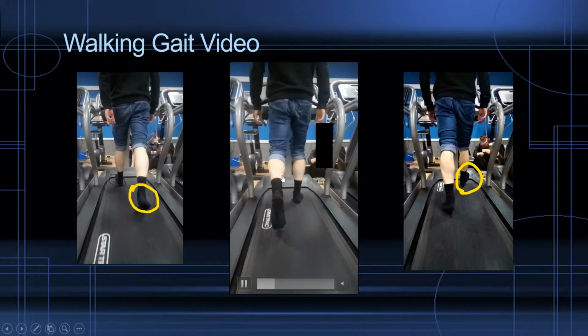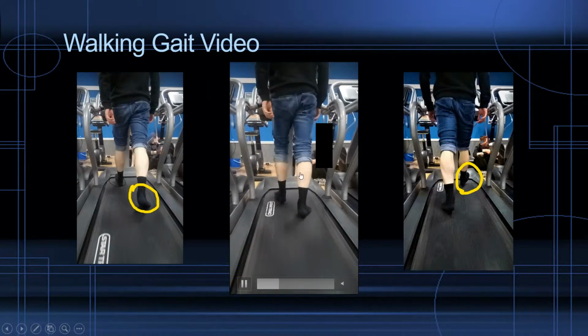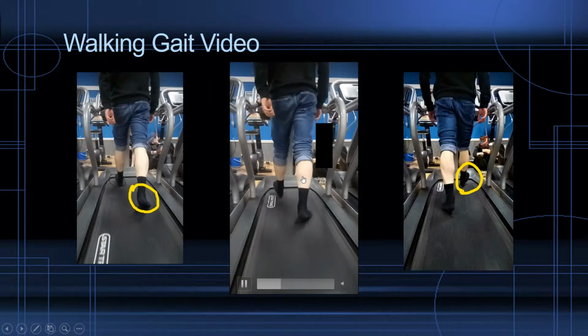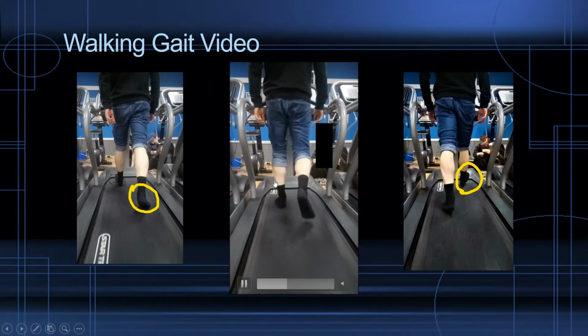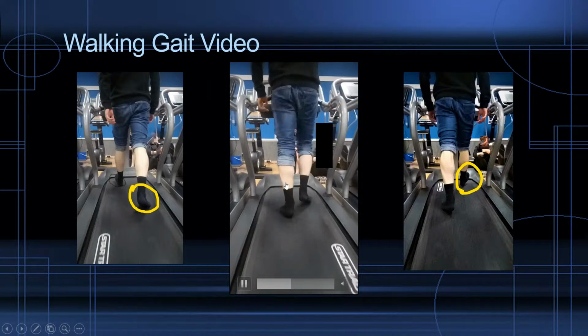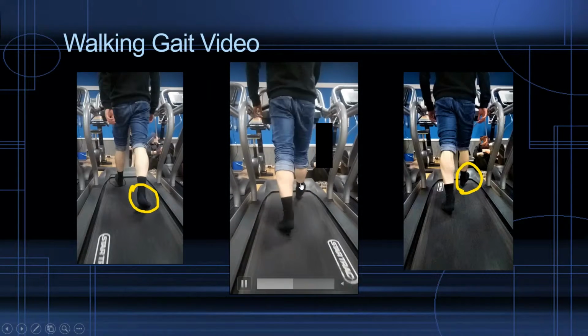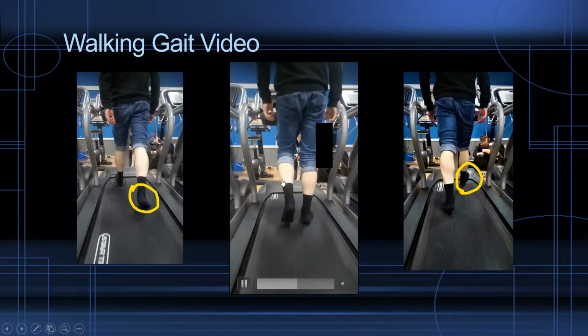Again, when we watch this, notice how the firing frequency of the muscles in the calf sometimes can go out of sync. And that could be due to the lower or shorter stride length on one side than the other.